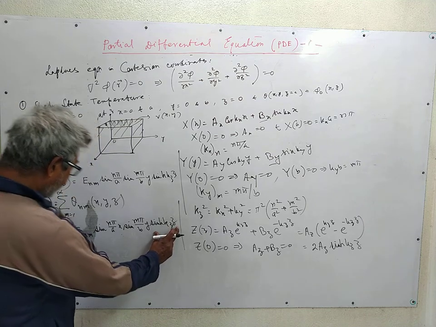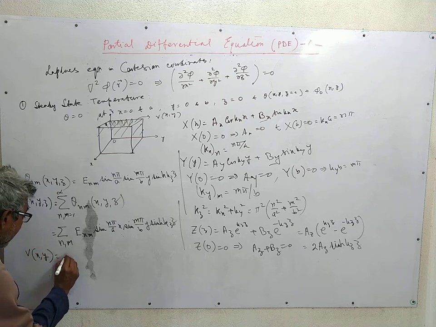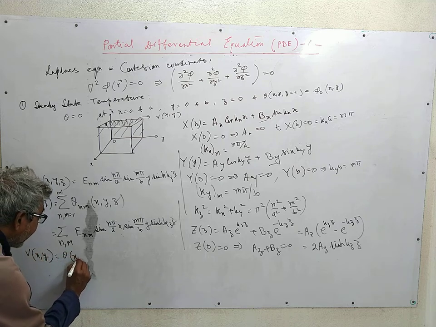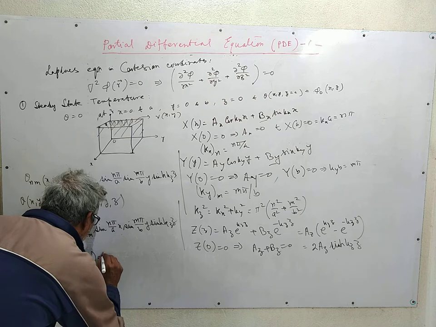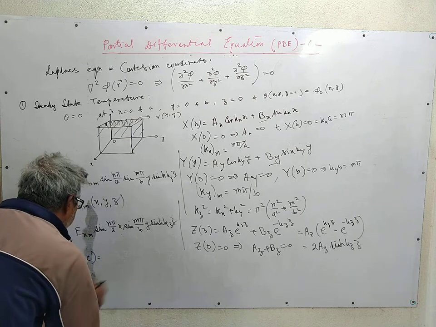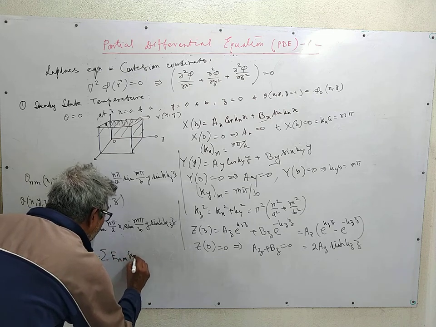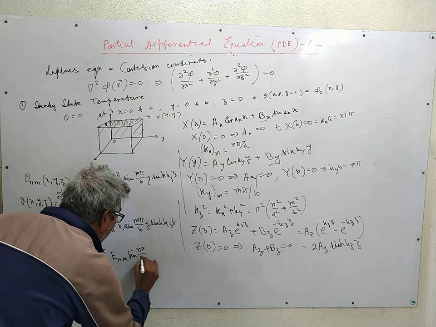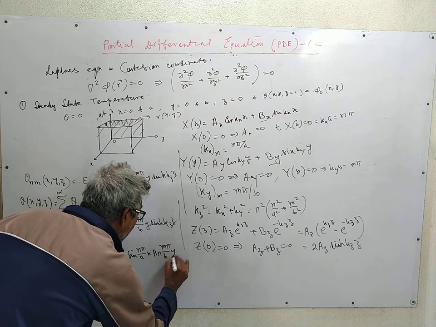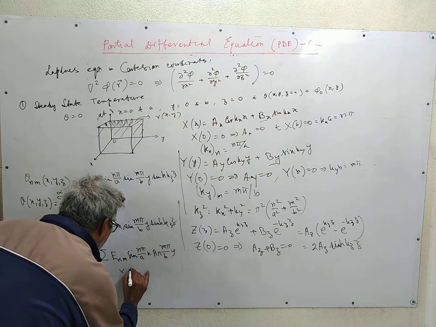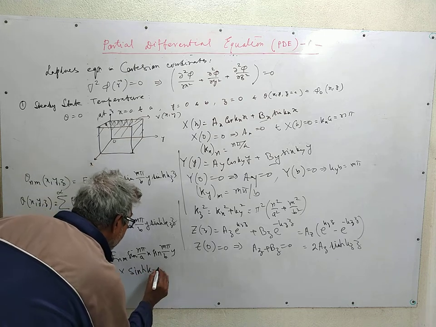this part happens to be a constant, and we have V of x y is equal to theta at x y c, which is sine, this part will be sine hyperbolic kz c.